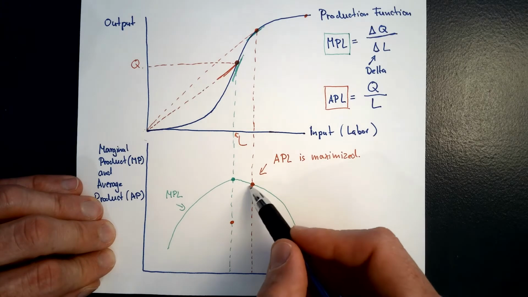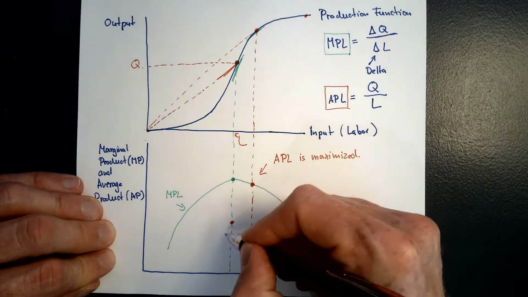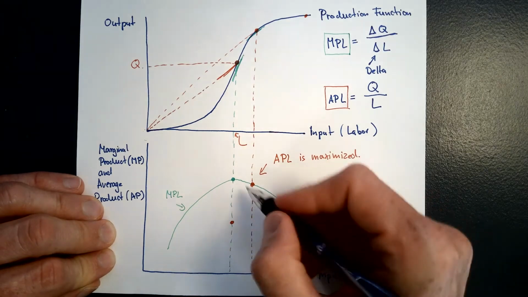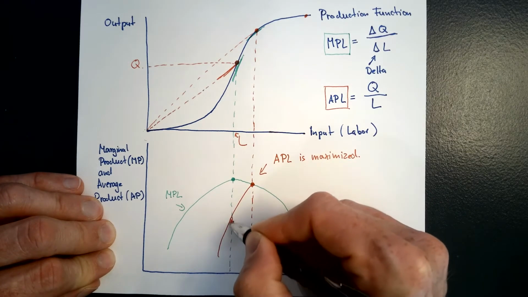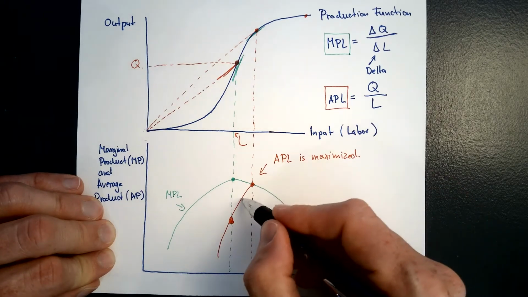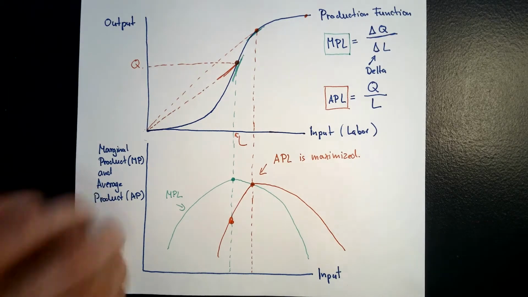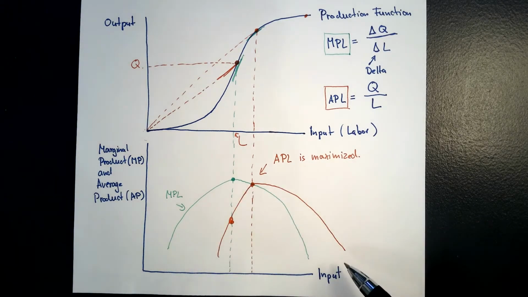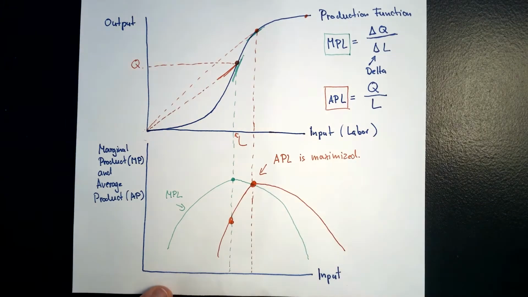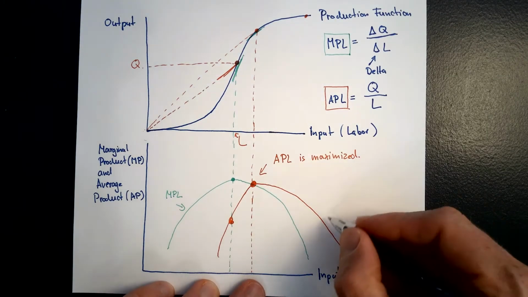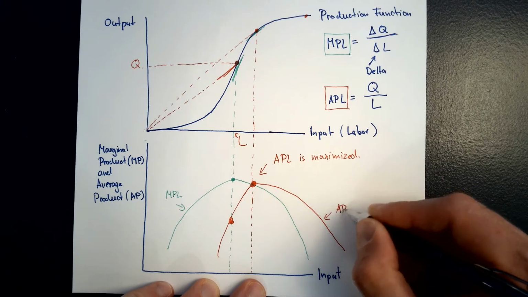So this point here represents a maximum of the average product of labor. So what this means is that we have this inverted U-shaped curve with this point being at the maximum. Okay? And this red line here represents the average product of labor.